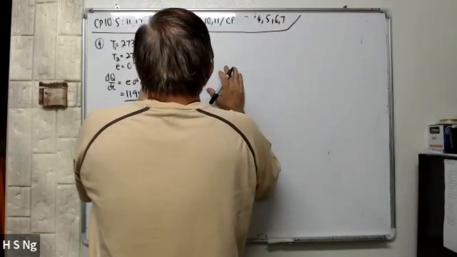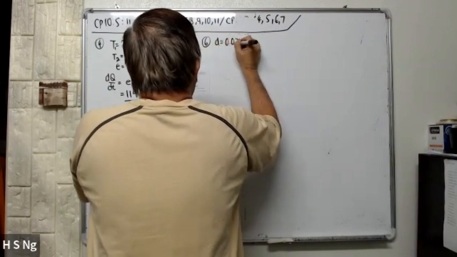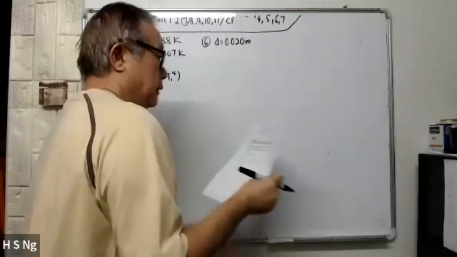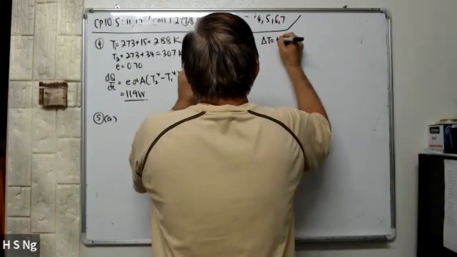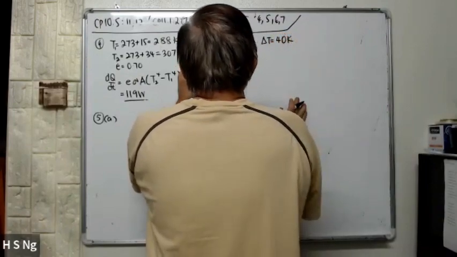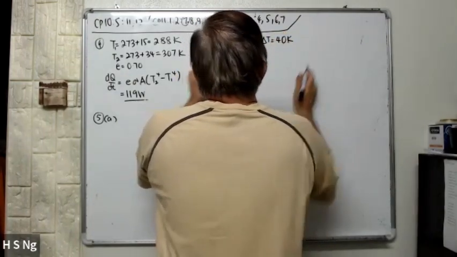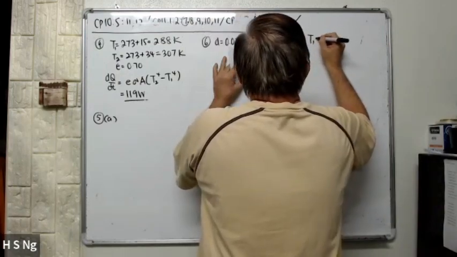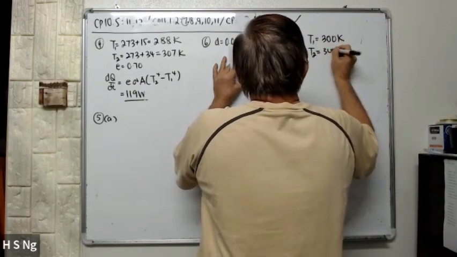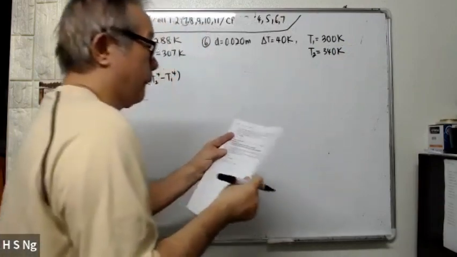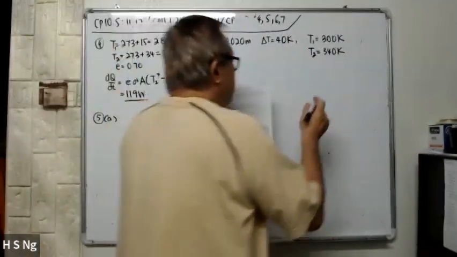Now, unlike the tin wall, a copper tube of diameter 2 centimeter carries water, and the temperature difference is 40 K. Estimate the power loss if the surrounding temperature is 300 K. That means the inside of the tube is 340 K. State 2 important assumptions you have made. Now, this is a copper pipe.